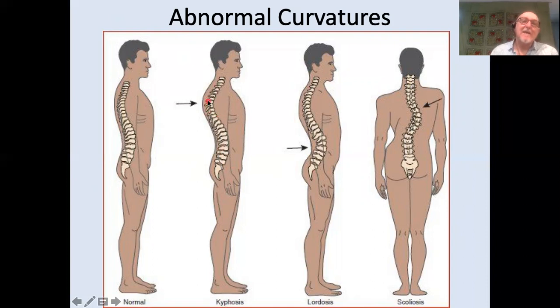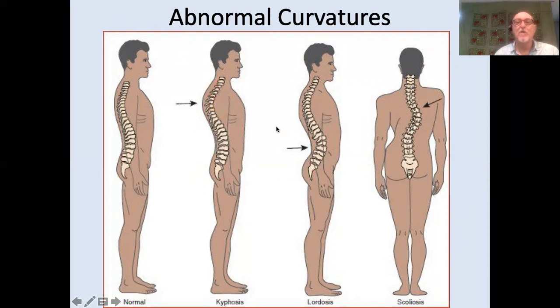The kyphosis can lead to this humping here. So kyphosis is that humping because this becomes exaggerated. Lordosis is where this becomes enormously exaggerated. And you can have both together, and that we call kypholordosis.